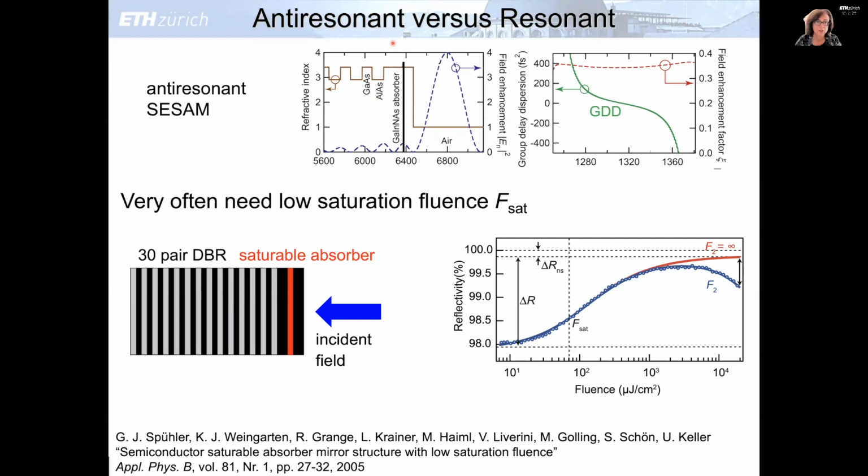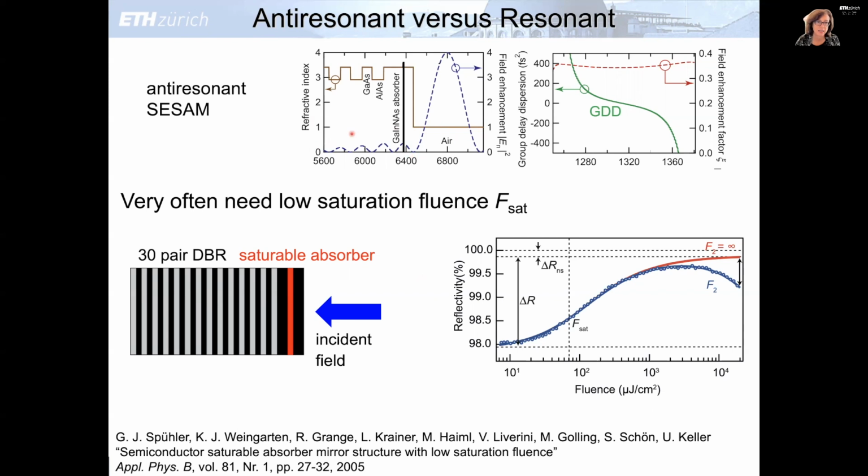And in this case, you have some kind of a saturable absorber, indium gallium arsenide, or in this case, it's a gain mask. And you look at the standing wave profile, because you come in here. And so this is practically 100% reflective with a little bit of saturable absorber. So if you look at the standing wave from 100% reflective, you have a field intensity enhancement of a factor of 4 when you come in.